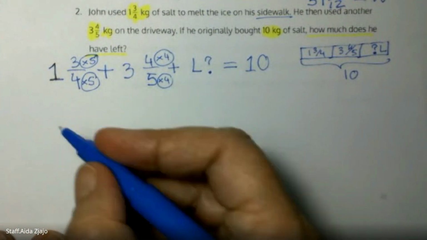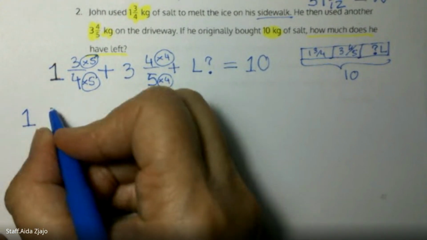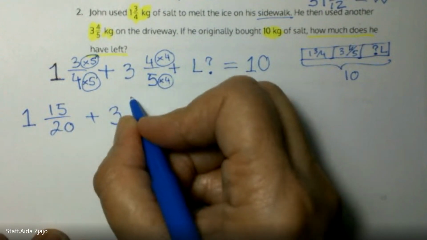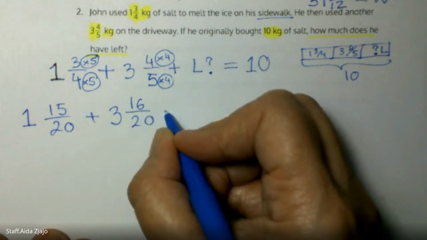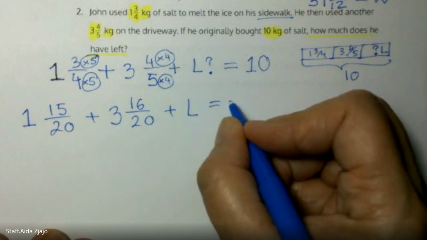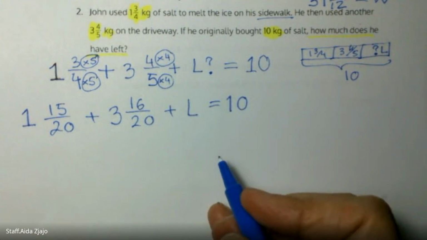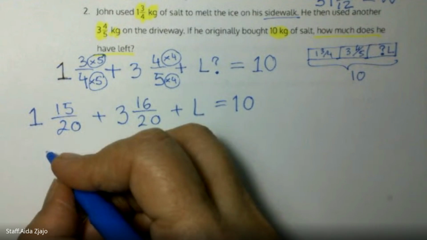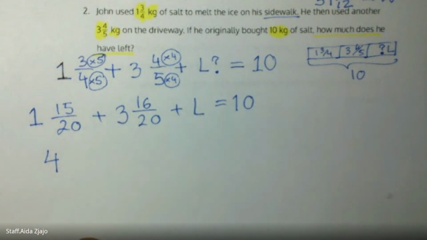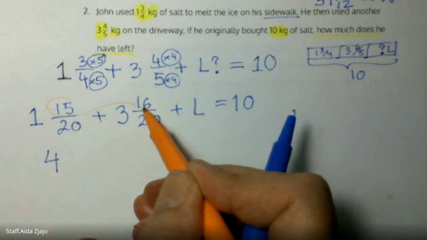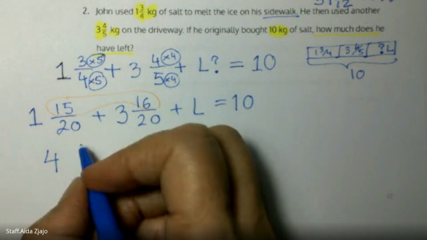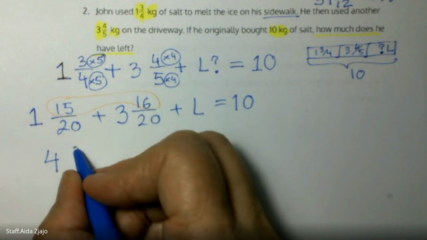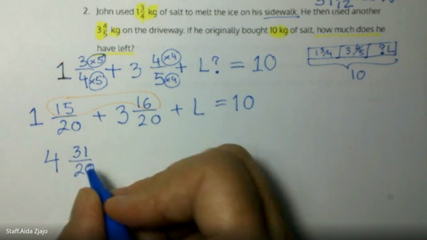Our problem will change into 1 whole 15 20ths plus 3 wholes and 16 20ths plus leftover must equal 10. So when we add now, 1 whole plus 3 wholes makes 4 wholes, and 15 20ths and 16 20ths makes 31 20ths.